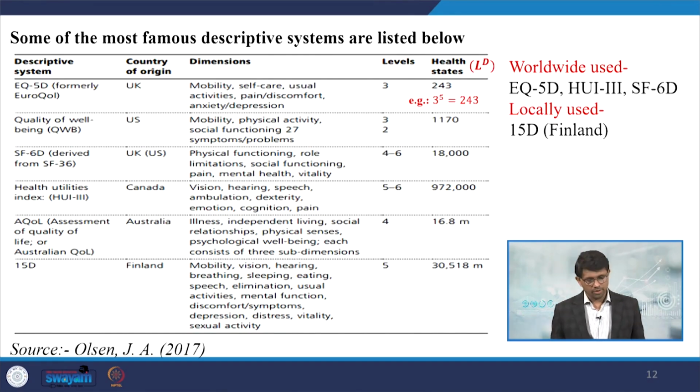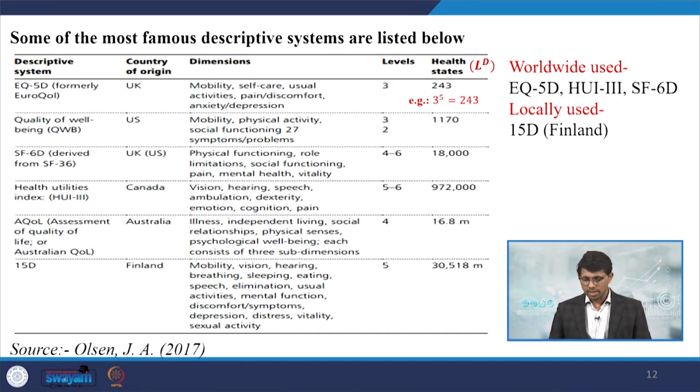Here we will give you real examples where authors applied these scales or questionnaires with their respective dimensions. That is why we have mentioned the most famous descriptive systems, and we will also mention their health states and how many possibilities there are.